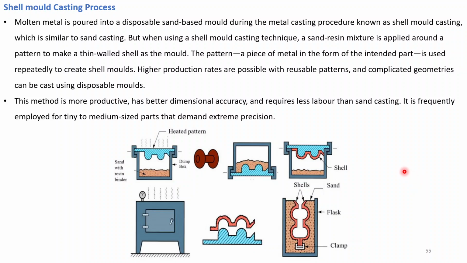Higher production rates are possible with reusable patterns, and complicated geometries can be cast using disposable molds. This method is more productive, has better dimensional accuracy, and requires less labor than sand casting, and it is frequently employed for tiny to medium sized parts that demand extreme precision. So for more precision you go for shell mold casting.